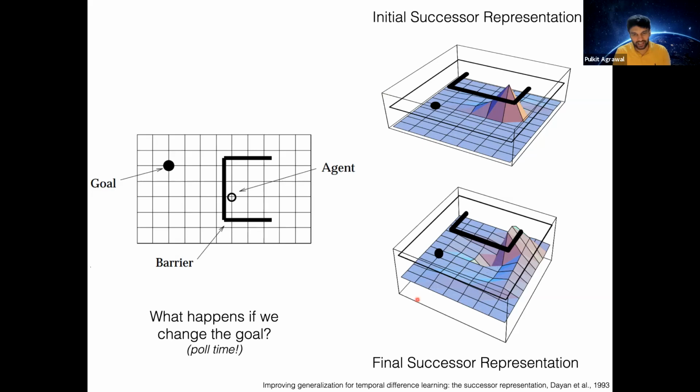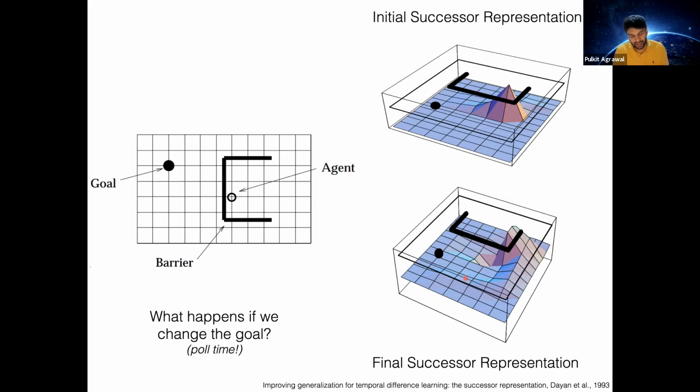think that it will depend on the new goal location, right? Now, why is that? The reason why that might be the case is if the goal location is along the path that the agent was following, then it is very easy to deal with a new reward function because my successor representation is not going to change.